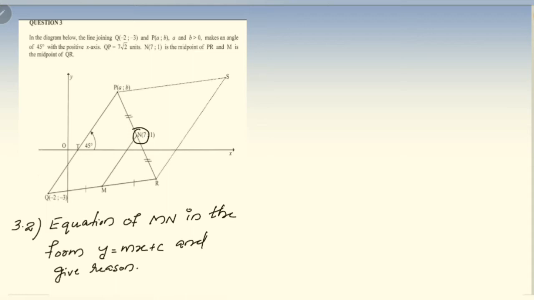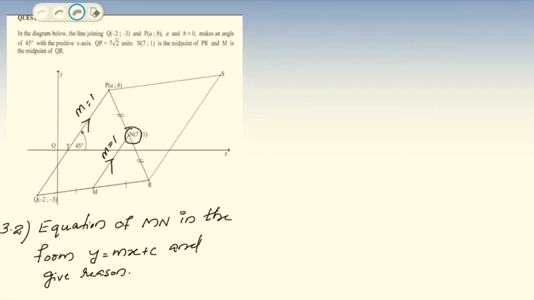How do you find it? Is this line parallel or perpendicular to any other line? Yes, this line is parallel to PQ. The reason is the midpoint theorem that we discussed before. So we can use the gradient of PQ, which we calculated. Therefore, the gradient of MN is also the same because they are parallel. Here, how do we write the answer?